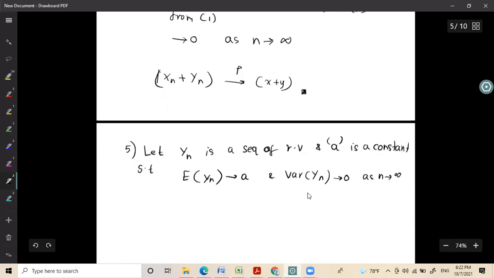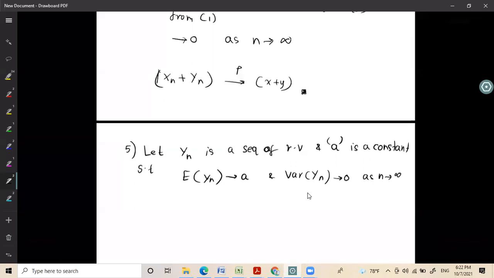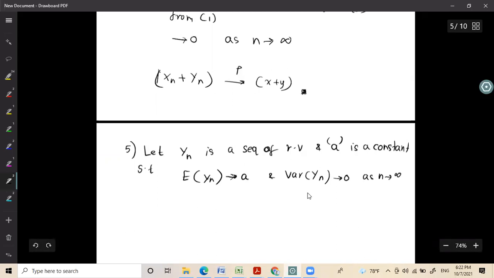Now there is a difference between E[Yn] equals a and E[Yn] goes to a. They are not the same. So as n goes to infinity, E[Yn] converges to a, and the variance converges to 0. Okay, so that is the given information.